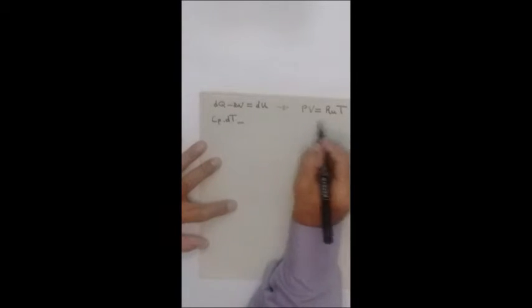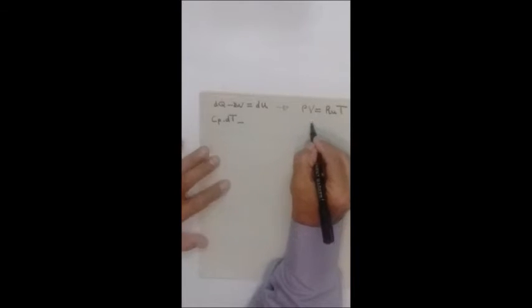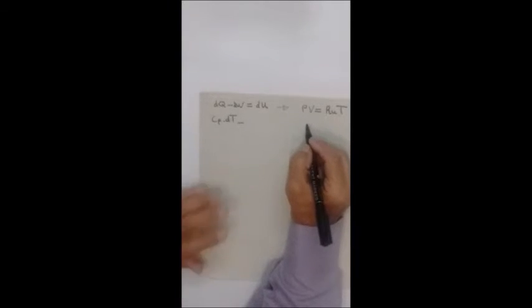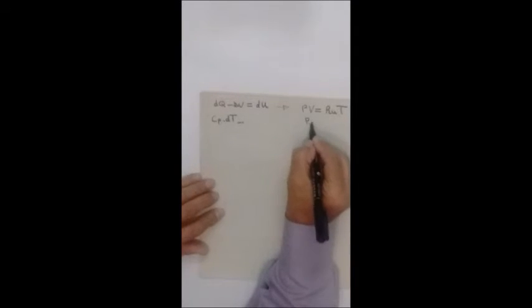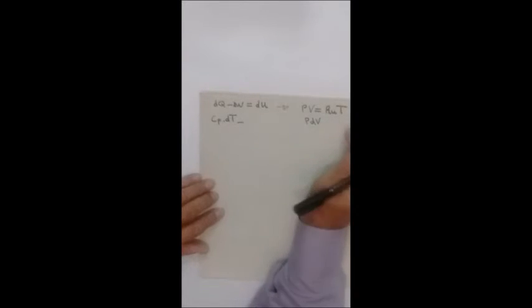minus, since PV equals RT, but P being constant, according to our assumption, we are going to compress 1 mole of a gas at constant pressure, that is P dV, that's one differential, not P dV and V dP. P dV equals RU dT.